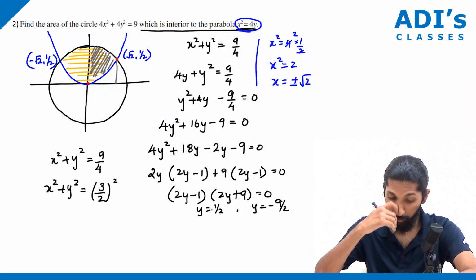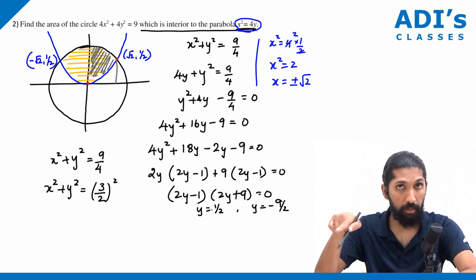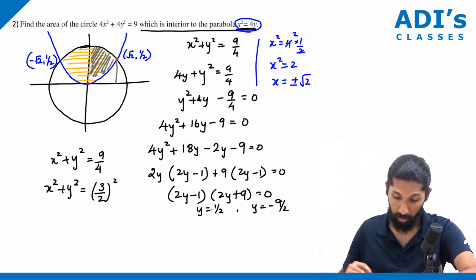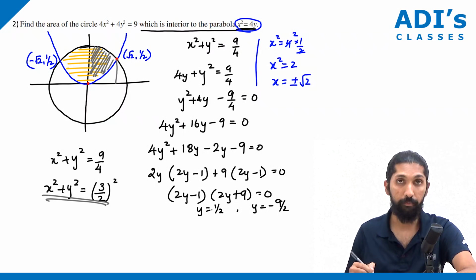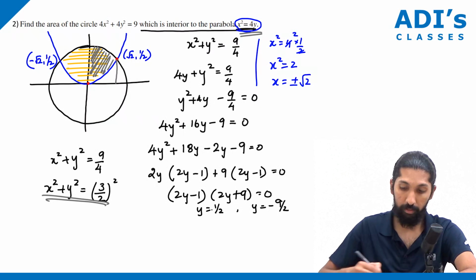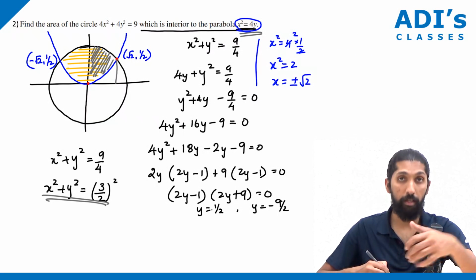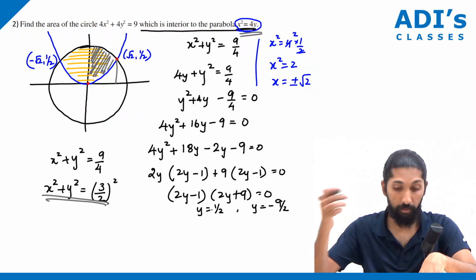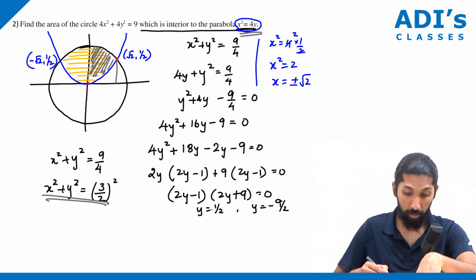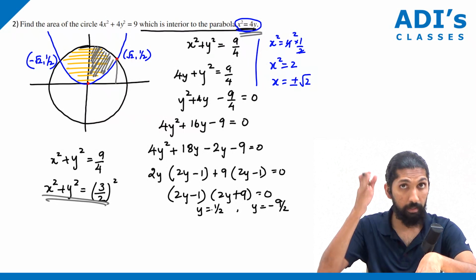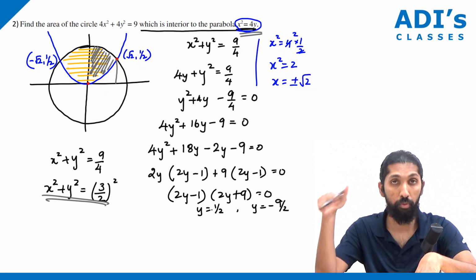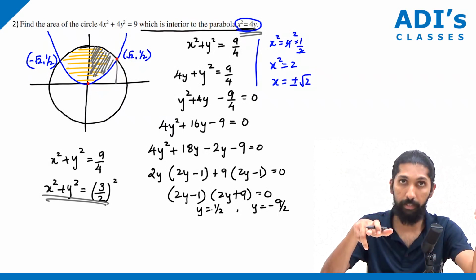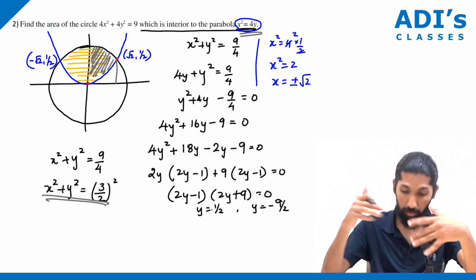We have to take this one and this one. Okay, now let's do that one. And once we subtract it, then we can figure out. Remember, we are doing from 0 to only the positive side, 0 to root 2. Then we are doubling it. Clear? So let's do this one now.